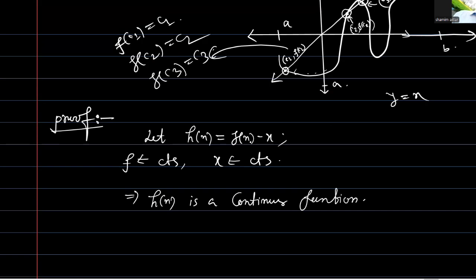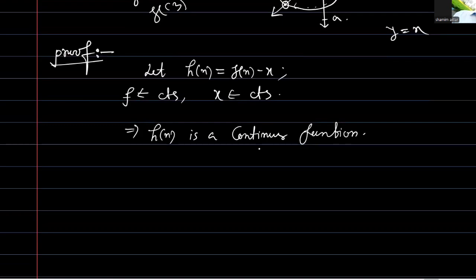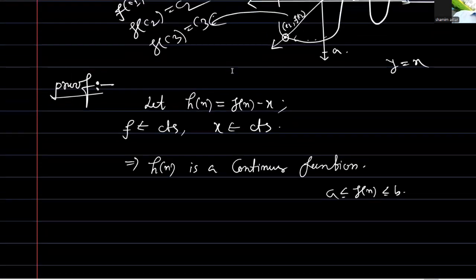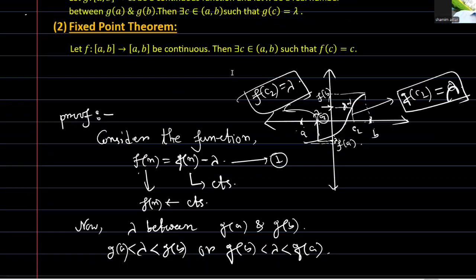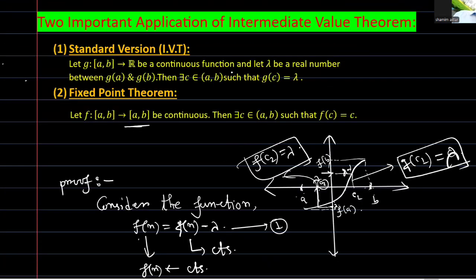And also we see that the range of f of x lies between a comma b, because here we define the function with domain [a, b] to [a, b], and we know that the range of the function is a subset of the codomain.